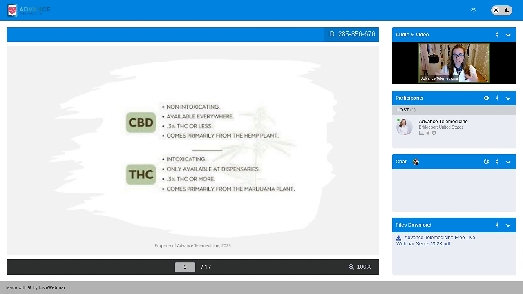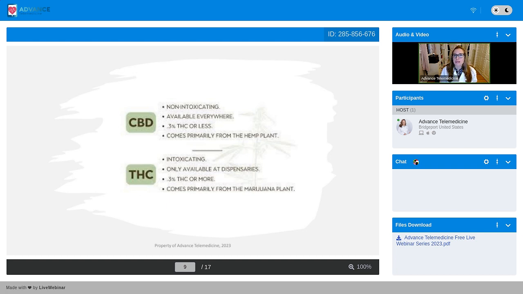I like this because it narrows down and summarizes the highlights of the differences. So it's CBD, it's non-intoxicating, it does not cross the blood-brain barrier, it does not cause any kind of impairment. It's available everywhere now. I'm sure you probably have seen it, probably tried it, bought it.